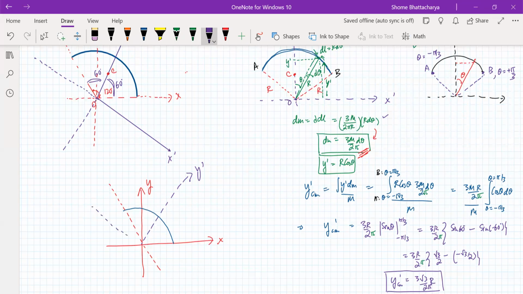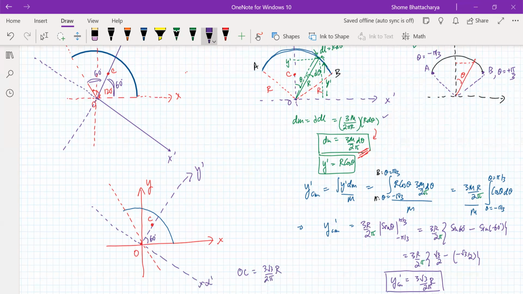Now coming back to this diagram. So now our center of mass is over here. And this angle you can see is 60 degrees. And we have just seen that this distance OC is equal to 3 root 3 by 2 pi r.